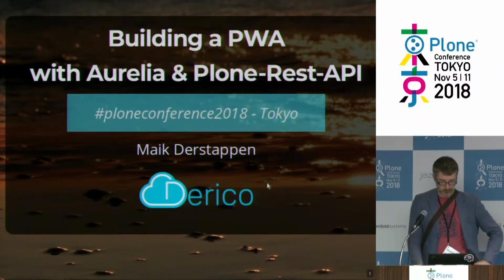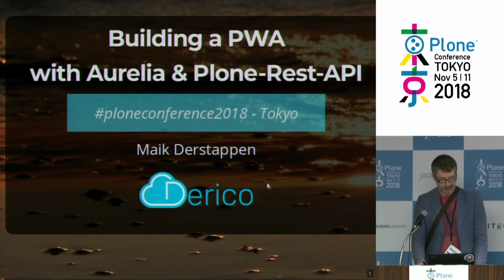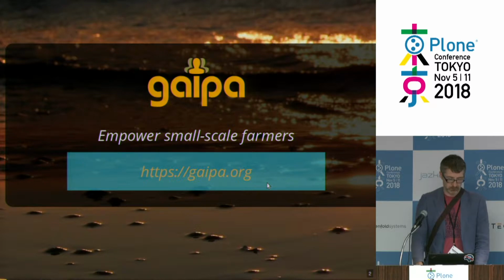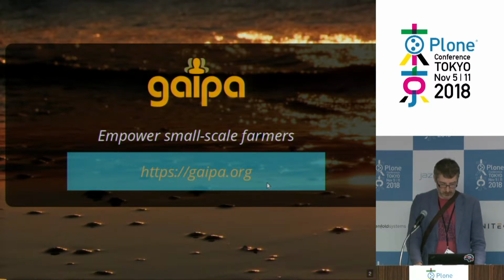I would like to give you a small introduction into how to build a progressive web app based on Aurelia JavaScript and the Plone-Rest-API. So, first of all, this is all a prototype we built over about the last half year. We got some funding from the German government for this project, so this allowed us to spend some time there and build this.